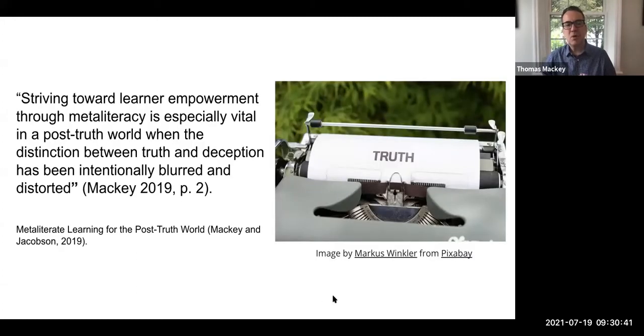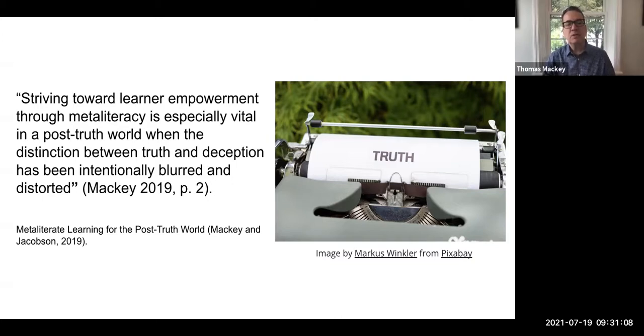So at this moment, the term post-truth really reemerged. It had been around for some time, but it really reemerged as part of the Brexit movement in the UK and of course, the presidential election in 2016. But it's an issue that is still with us, and everything from the 2020 election and the responses to that, and also obviously the COVID pandemic and how there's been such division about this.